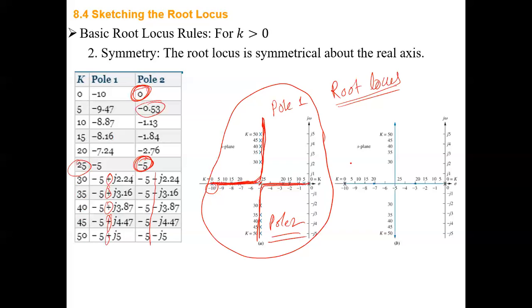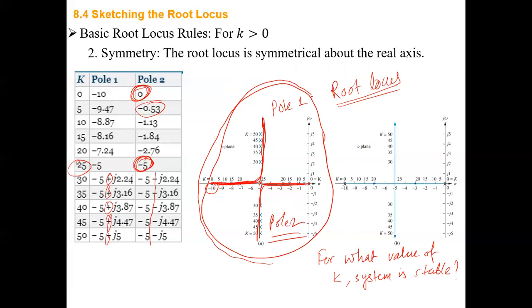One of the advantages is that for what value of k my system is stable. For what value of k, let me ask you the question, is the system stable? That will be answered by this root locus.